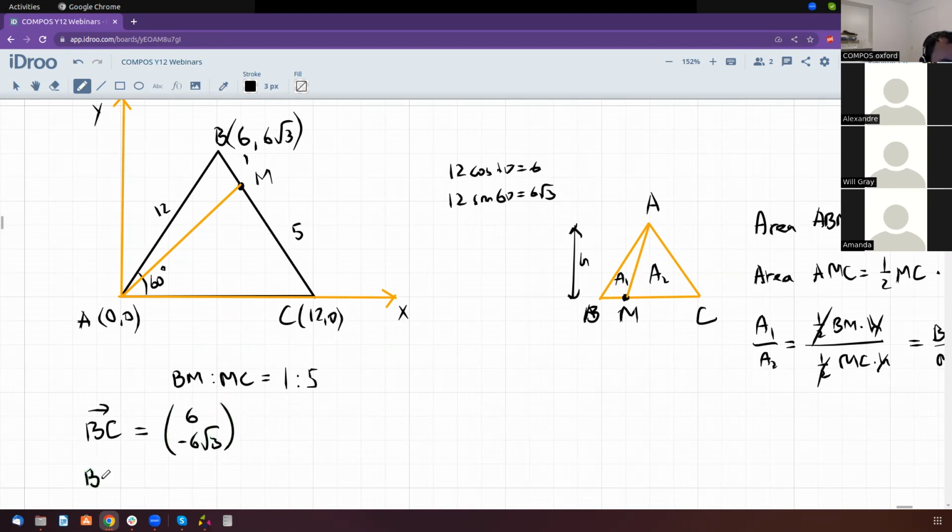Now vector BM is a sixth of the vector BC. So it's going to be 1/6 times (6, minus 6 square root of 3), which is going to be (1, minus square root 3). This is the vector BM.